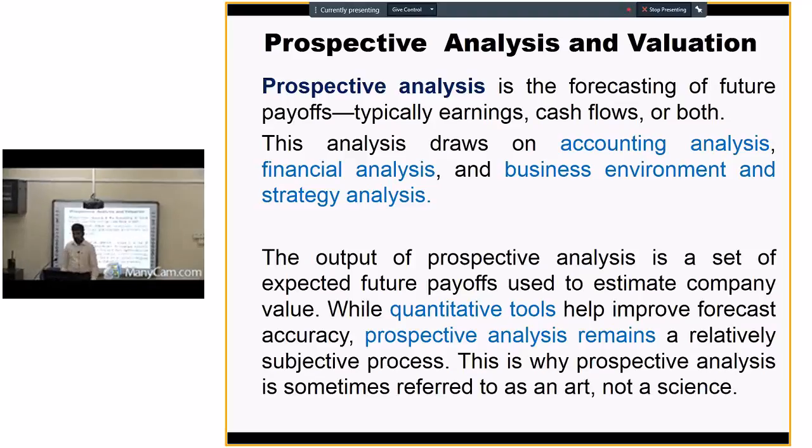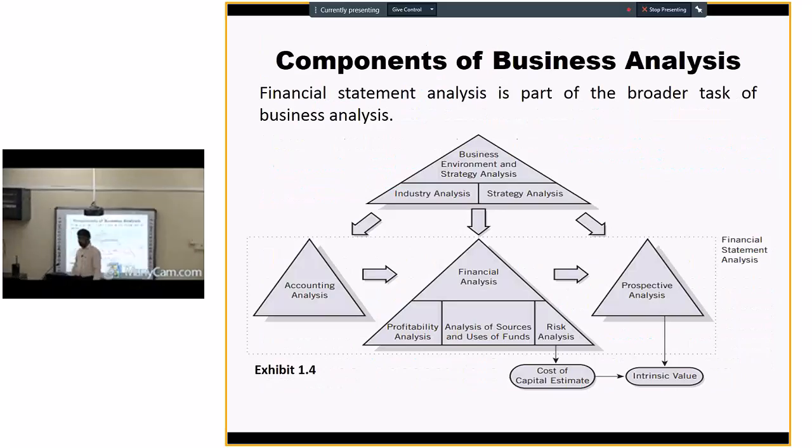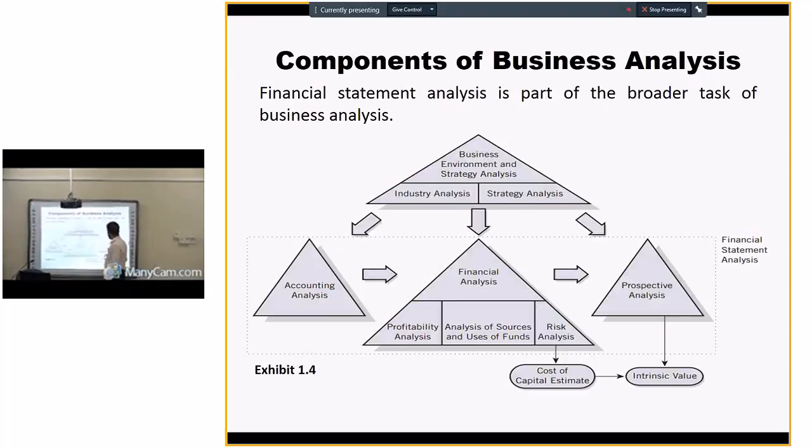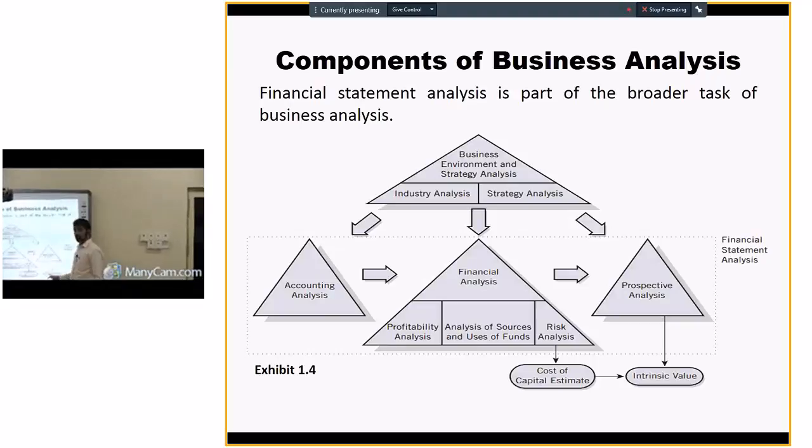Next one, prospective analysis and valuation. Prospective analysis is linked with valuation, the intrinsic value. By using prospective analysis, how do we compute this intrinsic value? After determining the intrinsic value, we can make that type of decision. This is actually the most important as well as difficult task. This is linked with risk analysis.